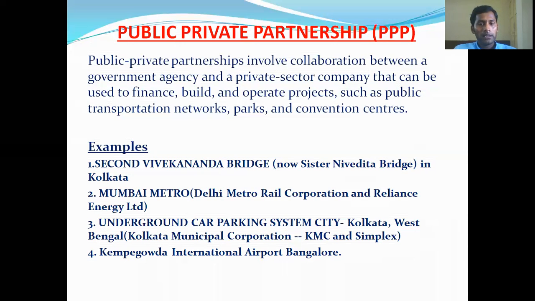In simple words, what's the triple P? It's the agreement or the collaboration between government and the private sector. This agreement or collaboration can be used for financing, building, and operating projects, for example, transportation networks, parks, and convention centers. That's what you call triple P. Even the government of India is planning to have public-private partnership, even in the railways.